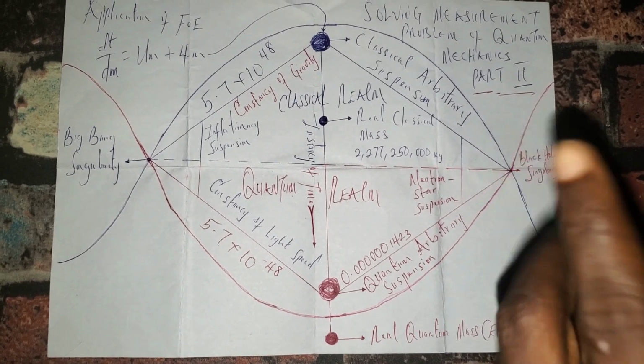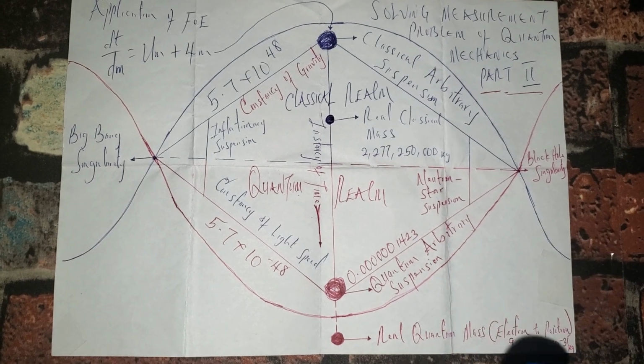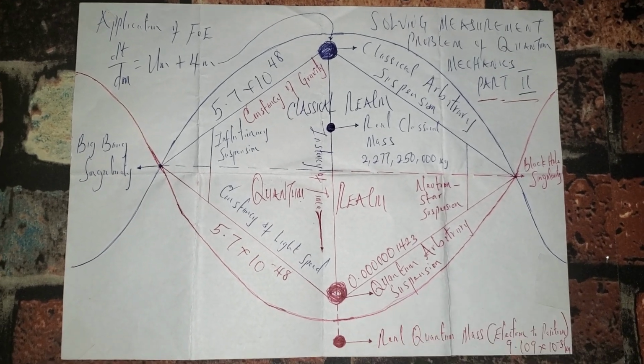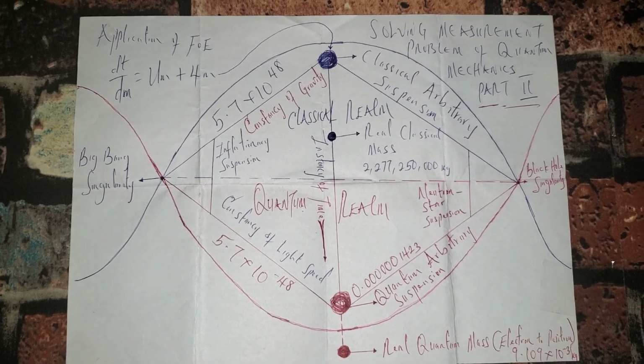And by having a positron at higher dimension, we can then have the instantiation of electron at the substrate dimension.